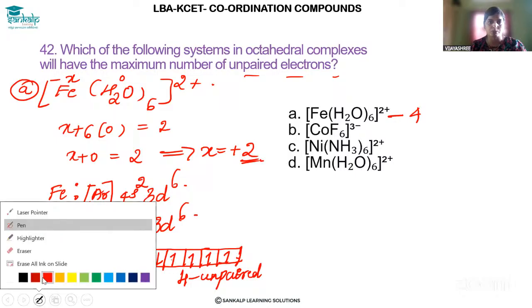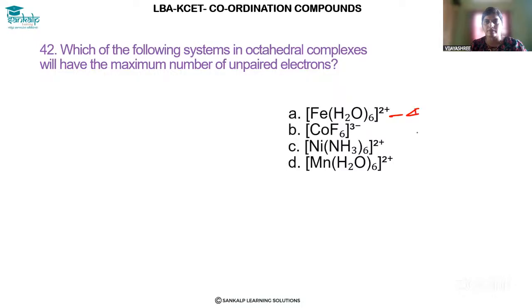Now we will check option B. 4 means 4 unpaired electrons. Option B: [CoF6]3-. So charge over the complex is 3 minus. We will calculate the oxidation state of cobalt here. Let the oxidation state of cobalt be X. F carries charge -1.